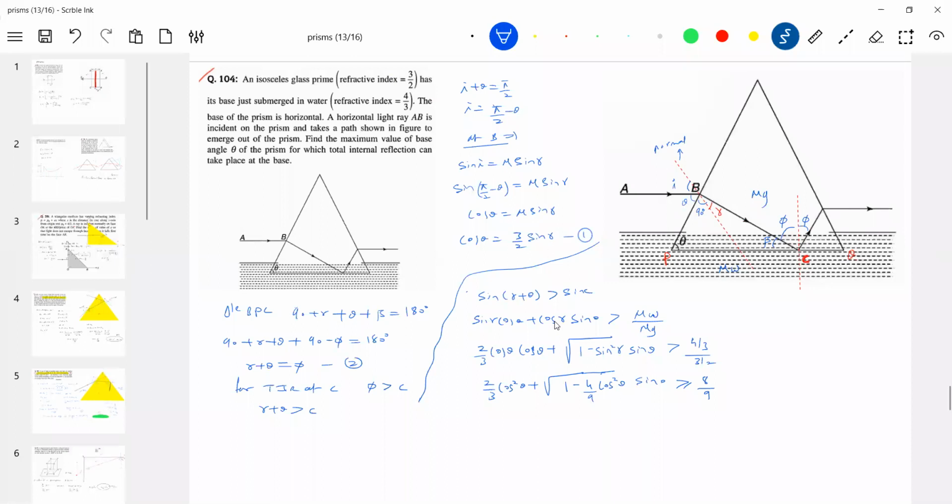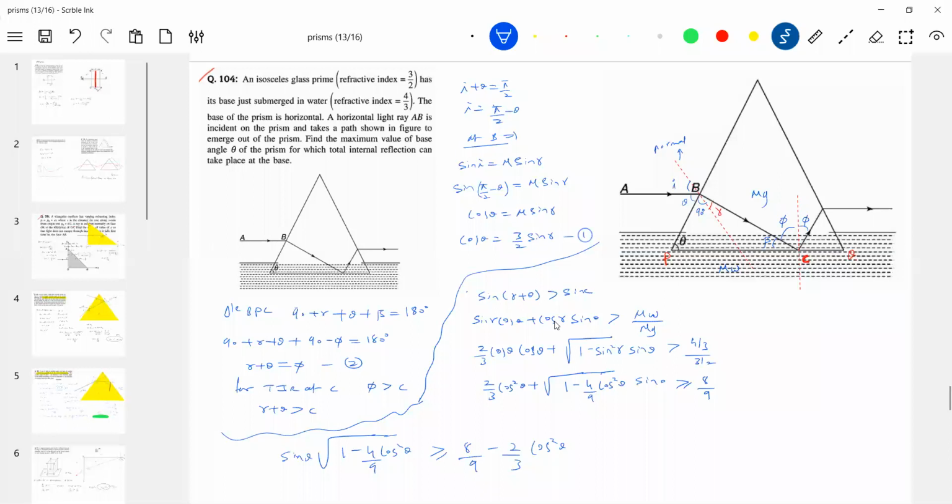So this will be sine theta equal to root of 1 minus 4 by 9 cos square theta, plus 8 by 9, minus 2 by 3 cos square theta.